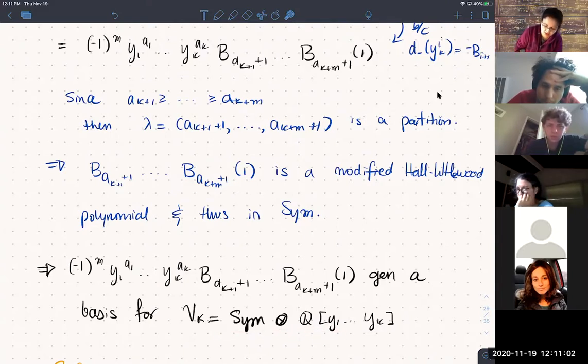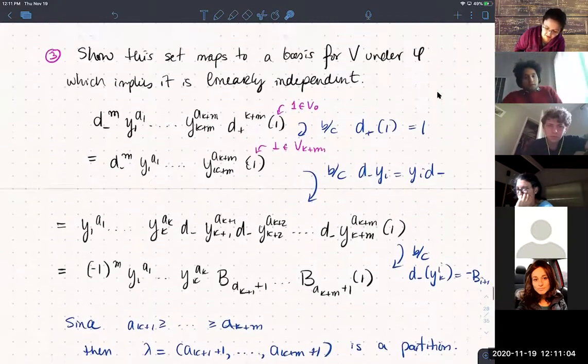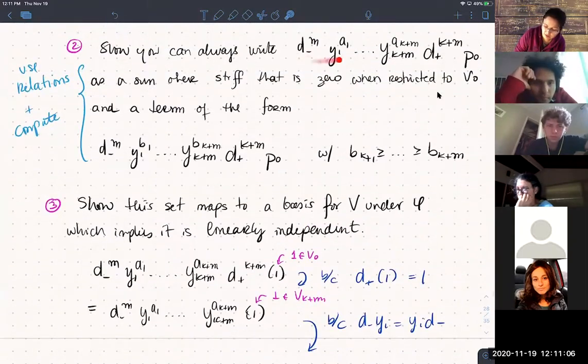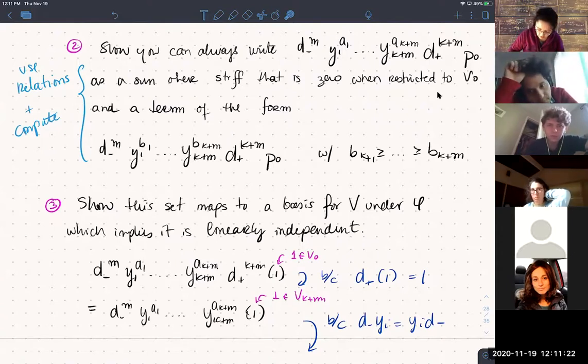And so that proves that this generating set that we had for AP0 really is mapping under this isomorphism to a super nice basis for symmetric functions, or for VKs, right? So it's linearly independent and it spans and it's exactly what we want.